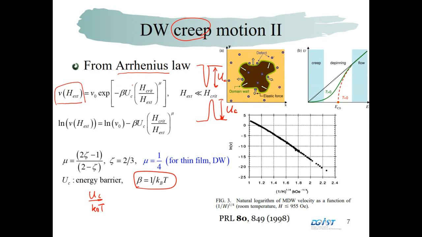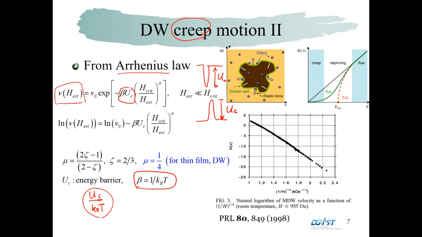So this exponential term is a ratio between the thermal energy and the energy barrier. And in the other part, the external field is normalized by the critical field. Let's think about fixing this term, because U_C, the energy barrier, is determined by your sample, and beta is determined by the temperature.